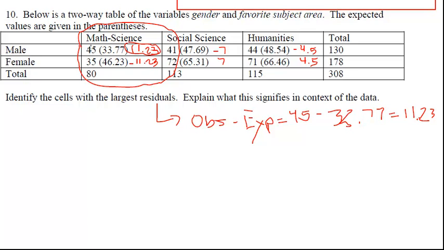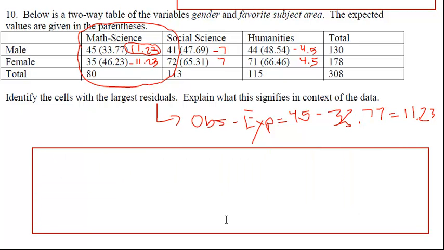And so because this is bigger than that, we have a positive residual. That means the observed was bigger than the expected for the males, and then down here the females were less than expected.